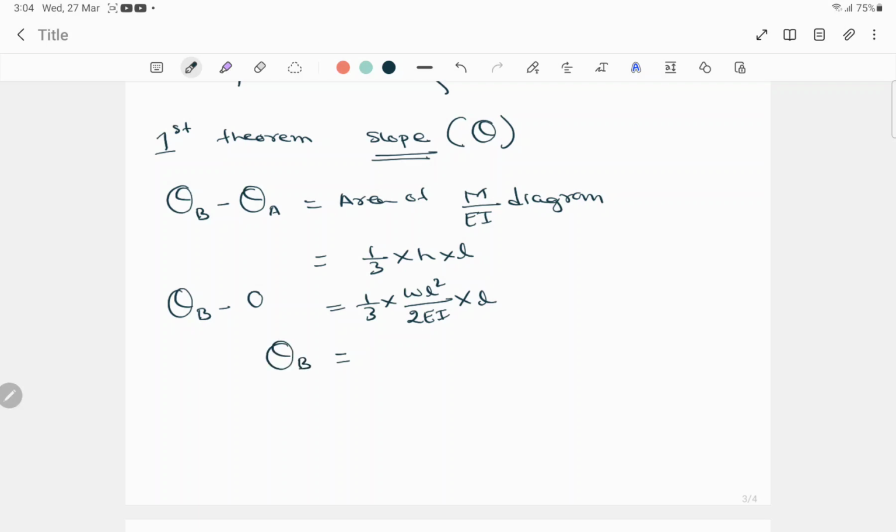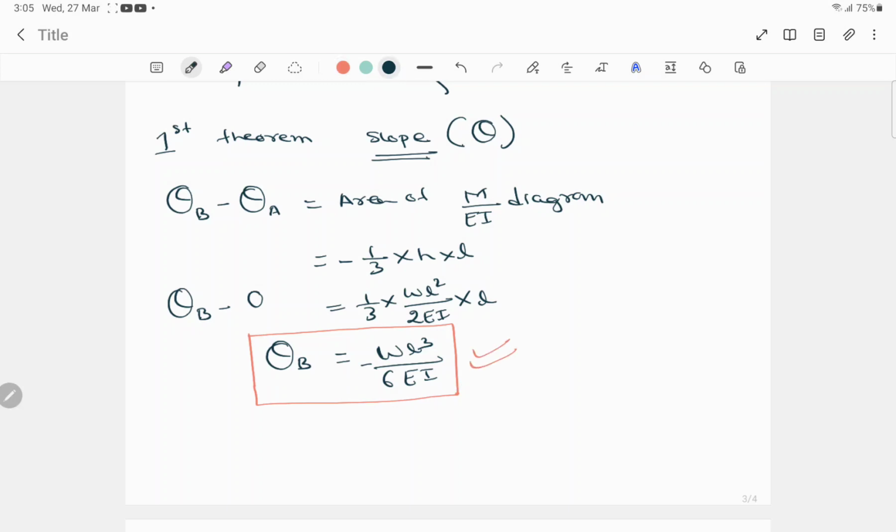So theta B is equal to minus WL cube by 6EI, and it's all negative. This is the value for the slope at B.